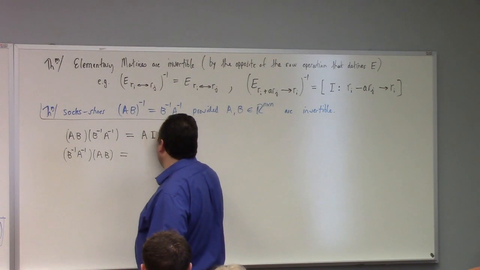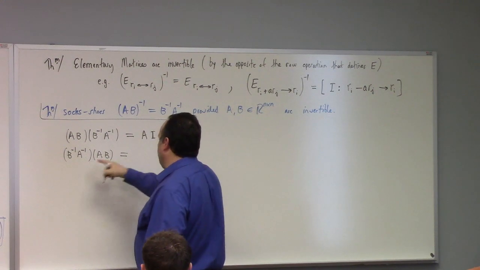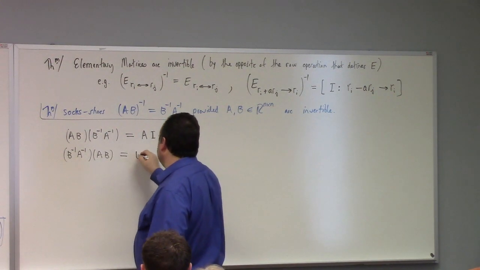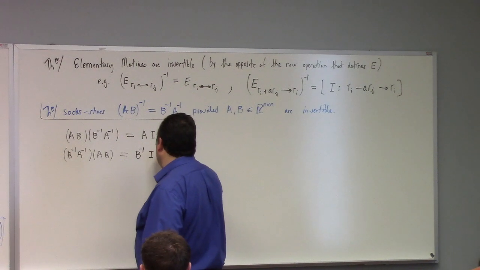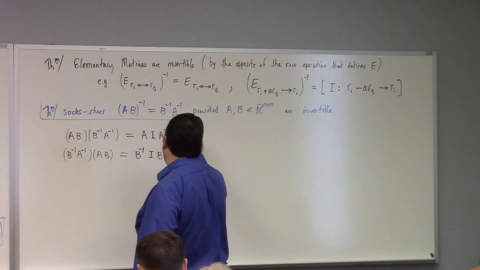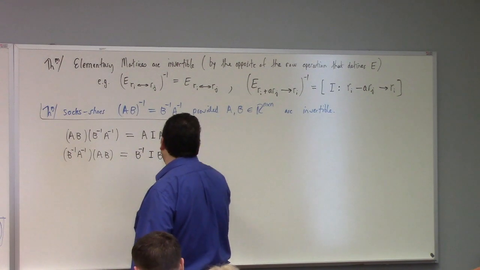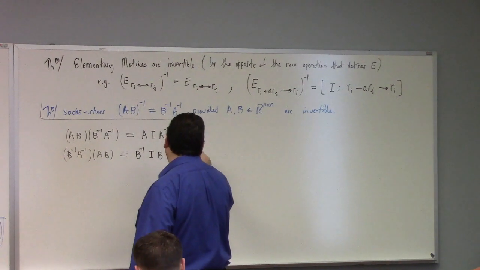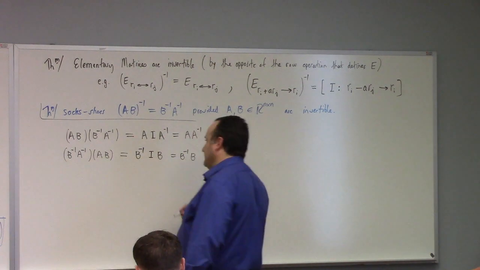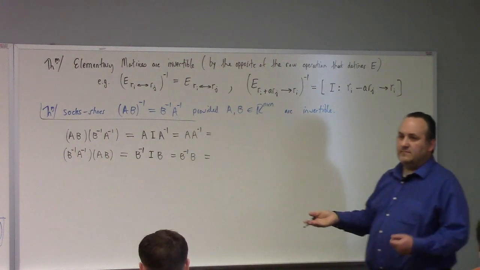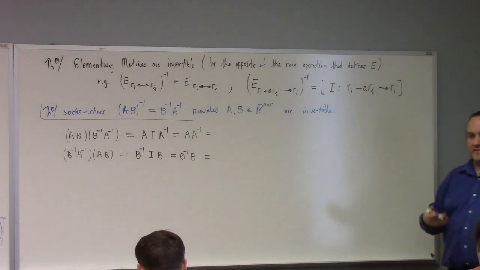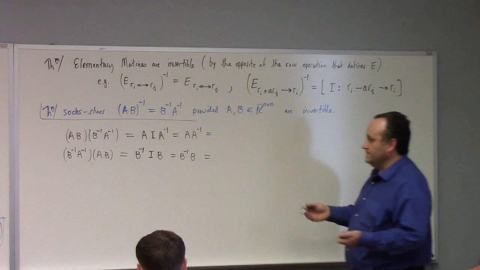Well, that's the identity matrix, right? And if I have AA inverse, what's that? That's the identity matrix, right? But then I'm left with AA inverse and B inverse B, and what are those by definition? Again, by definition of inverse, those are the identity matrix, right?